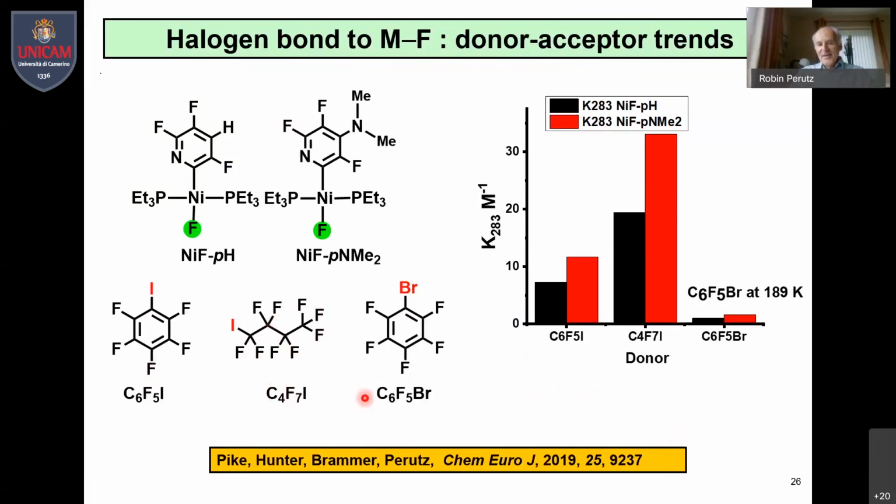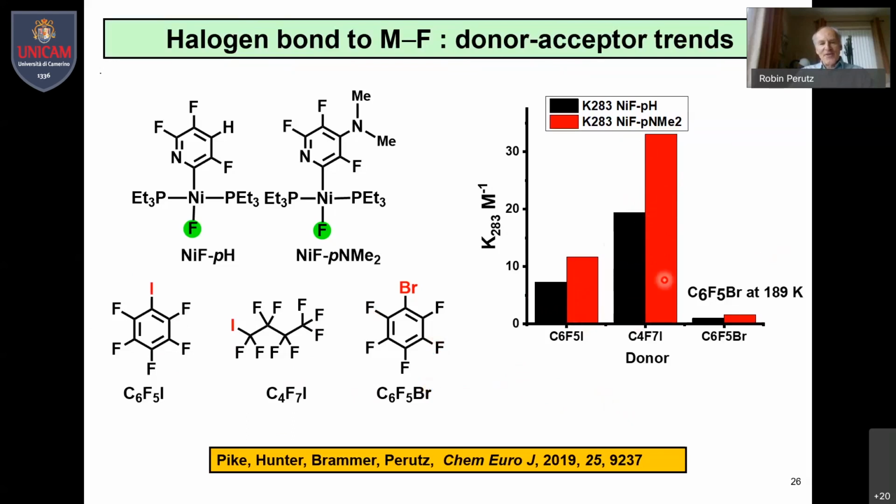And we've also got an example here with bromine instead of iodine. So what we find is that the aliphatic ones are stronger than the aromatic. So here we have C6F5I, here we have the butane-derived donor, and that's considerably stronger.